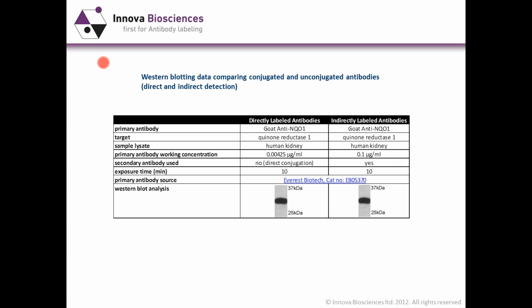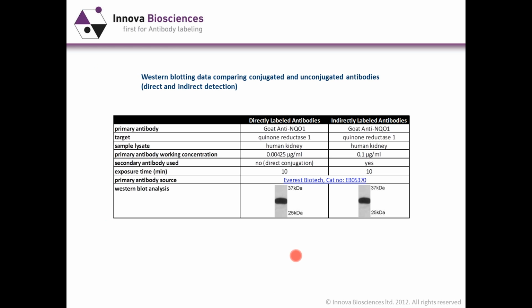I'd like to just finish off with some example data looking at the differences between using directly labelled antibodies and indirectly labelled antibodies. And I've used 2 Western blotting examples to illustrate this. In this diagram, there's been a Western blot undertaken using an antibody against an antigen called quinone reductase 1, which is expressed in human kidney.